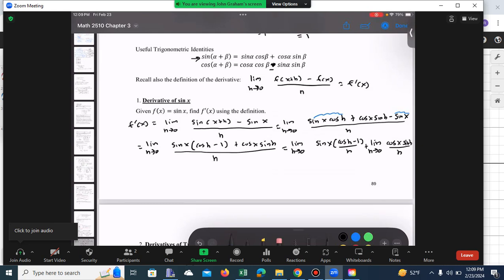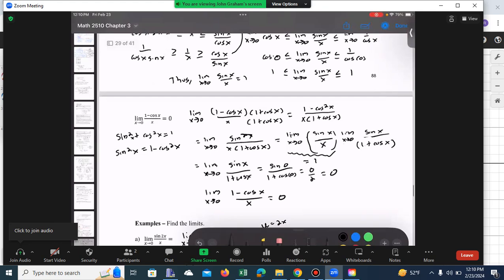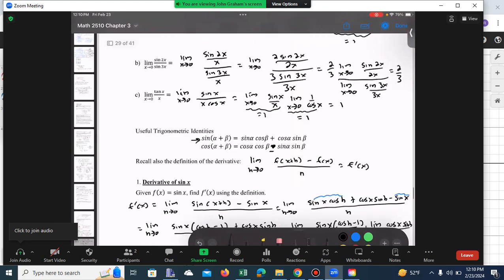And then we're going to break each of these up into the products. So the limit as h goes to 0 of sine x, let me put this in parentheses, times the limit as h goes to 0 of, now this one I want it to look like what we did here, so I do have to factor out a negative sign.